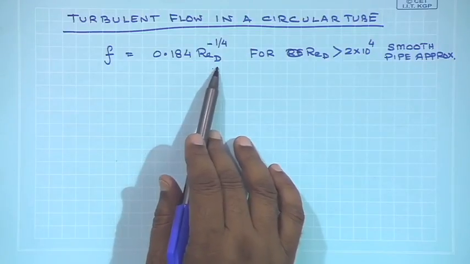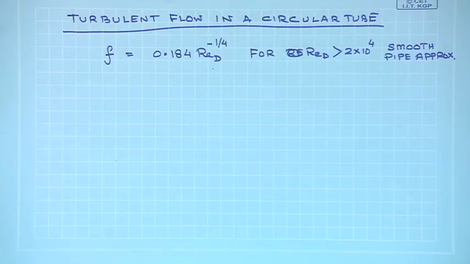The friction factor, as I have shown in that correlation, is directly from the Moody diagram. So, the turbulent flow part of F as a function of Reynolds number for a smooth pipe is expressed by the function that I have written as F equals 0.184 Reynolds number to the power minus 1/4.